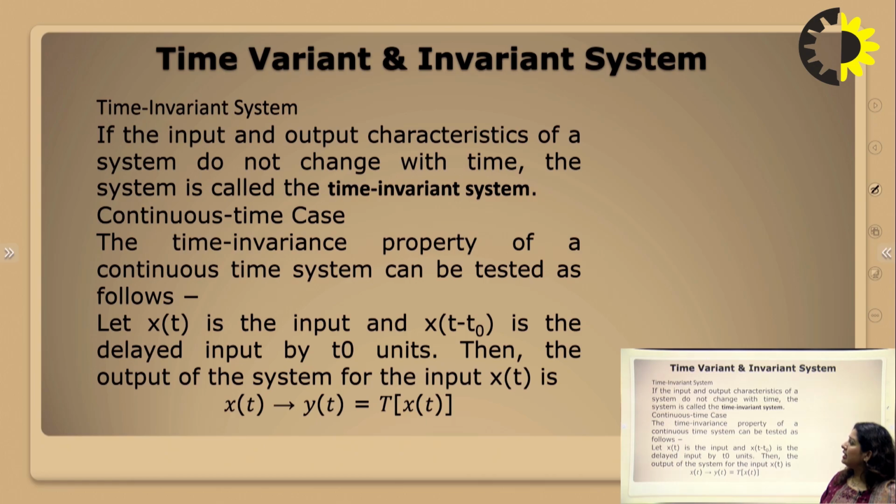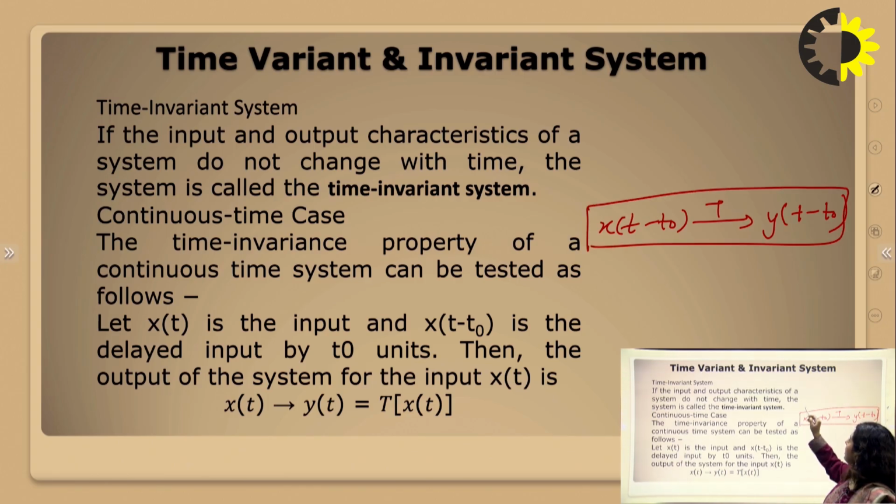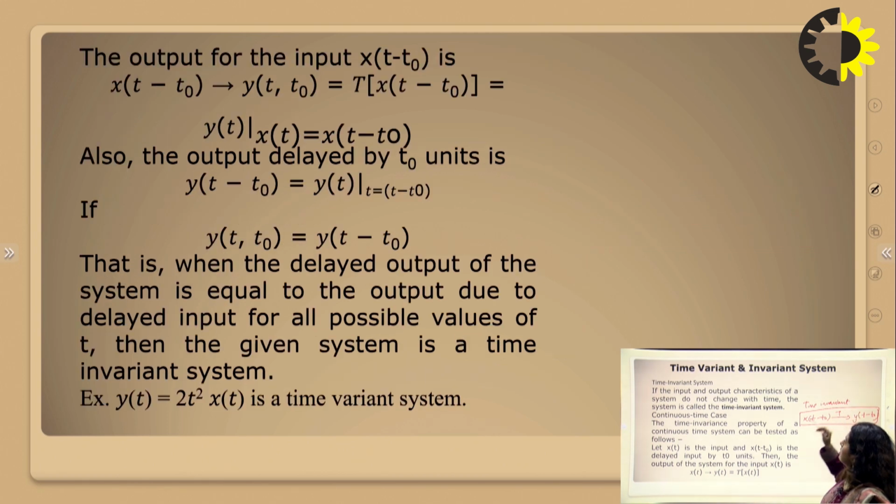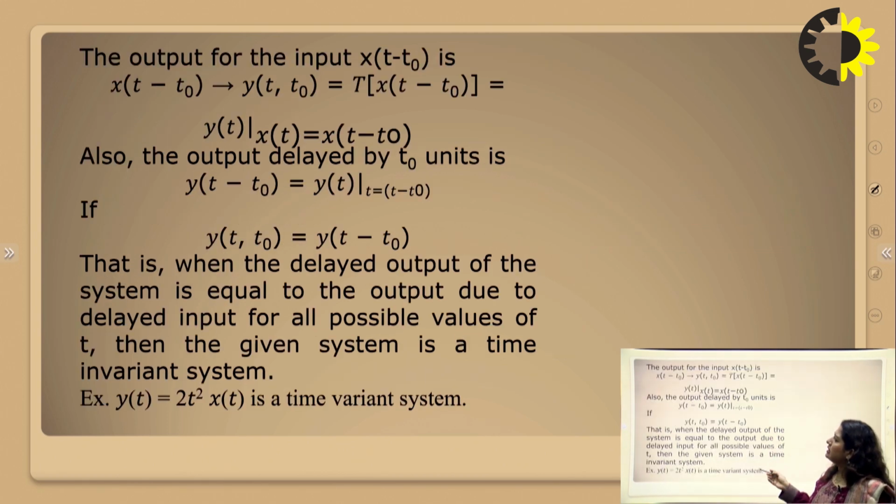For time variant and invariant systems, again you have x(t minus t naught) applied to the system h, and you get y(t minus t naught). If it holds, then it is time invariant, otherwise it is time variant. So we check that x(t minus t naught) is given to the system and you get y(t minus t naught).